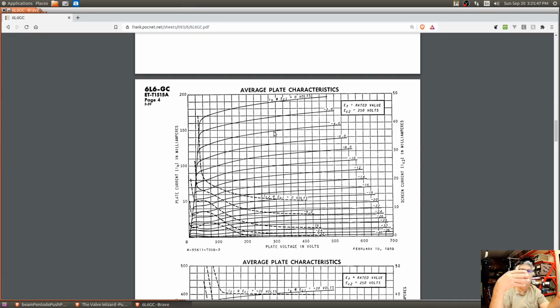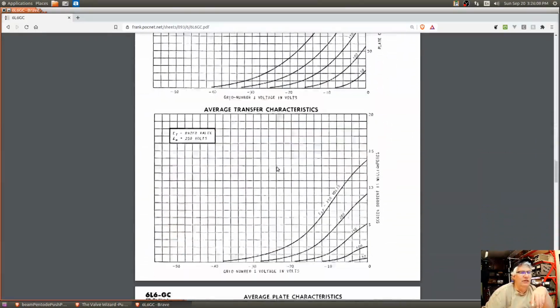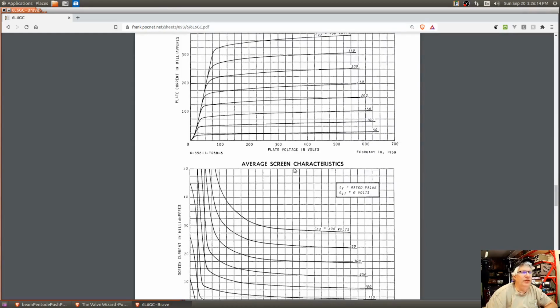And if you change the screen voltage, keeping everything else the same, if you increase the screen voltage, these go up like this. If you decrease it, they go back down. So if we're only looking at this top line, this one goes up and down based on the screen voltage, which is what this plot down here is actually showing you. And that's an important thing for us to cover in just a minute.